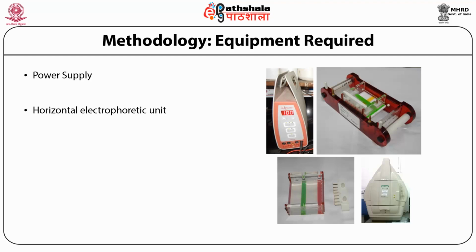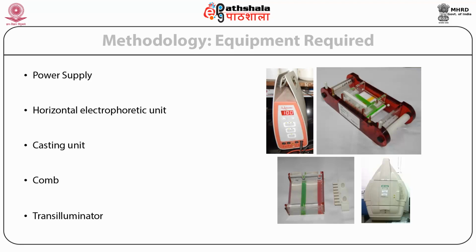In this electrophoretic unit, from different company or from the same company, different models will have the D value, that is distance between two electrodes, different. We also require casting unit. Also we will require transilluminator, which can illuminate the gel under ultraviolet light.